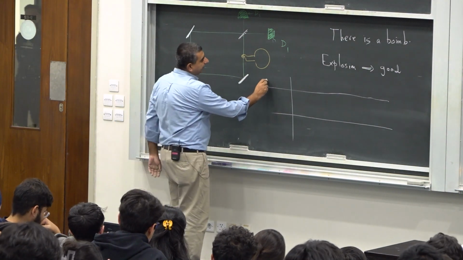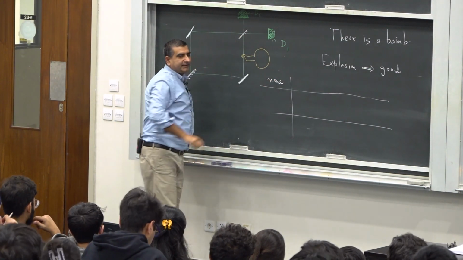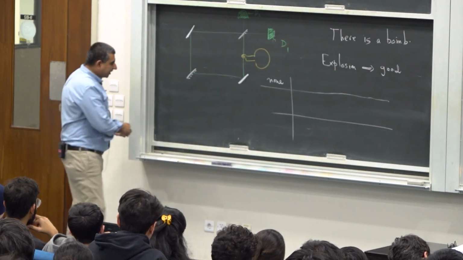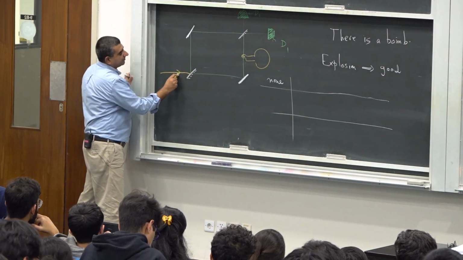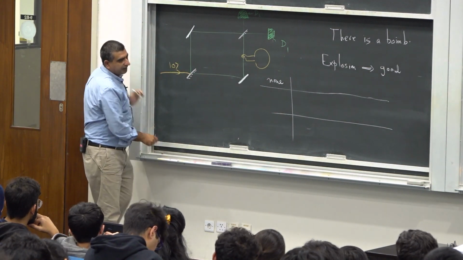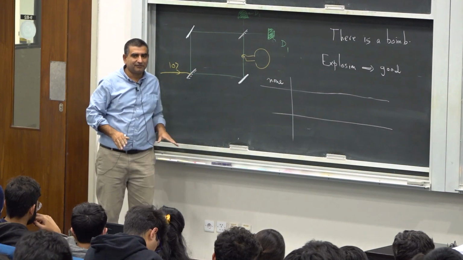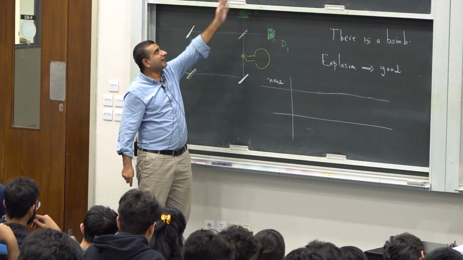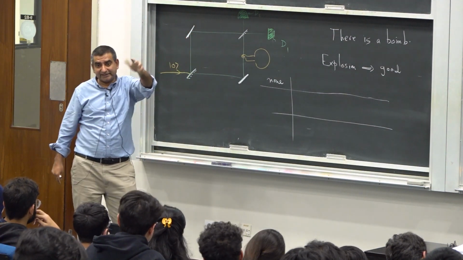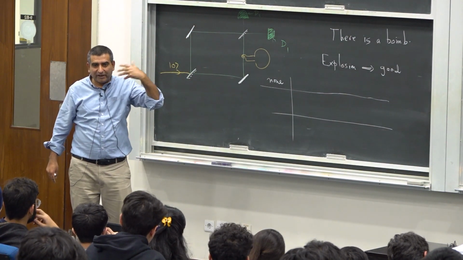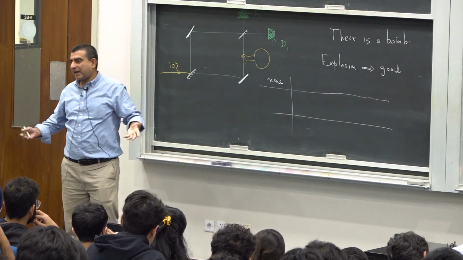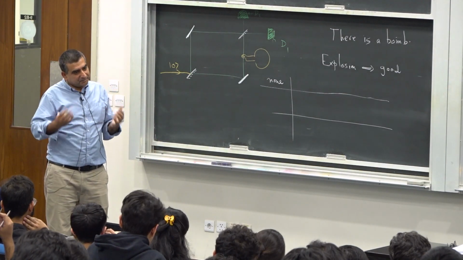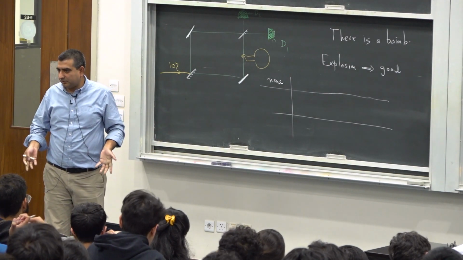Let's see. If no photon is observed either on D1 or D2, it means that the photon has been absorbed. So I'm shining a single photon into the system. The path is my quantum degree of freedom. Now this photon comes in and neither of the detectors clicks. I've already seen that the probability that this happens is 1/2. If neither detector clicks, the photon must have been absorbed inside the interferometer, and the only way it can be absorbed is by the bomb, which has therefore exploded.